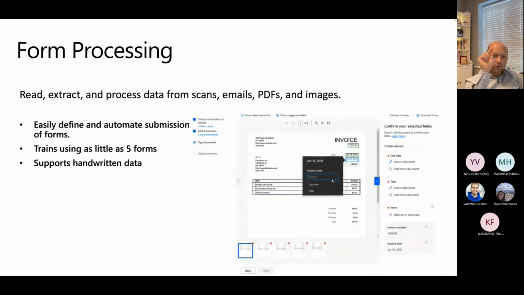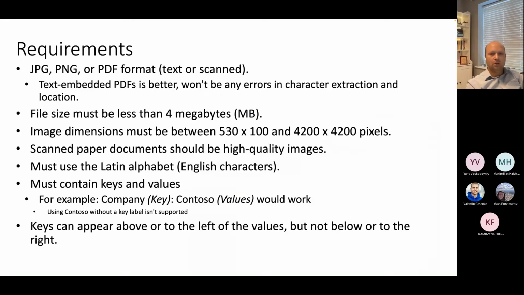And then after you tell the system, okay, this is my date, this is my invoice number, this is my customer name, and after you have told it all of them, the system will finally recognize all of them for you.